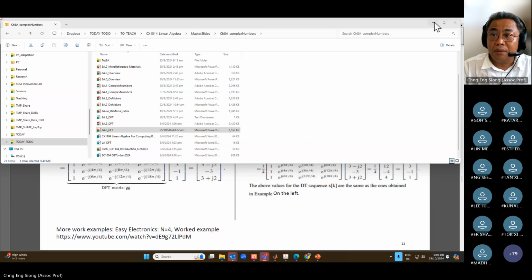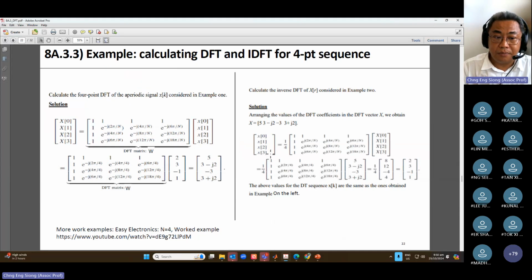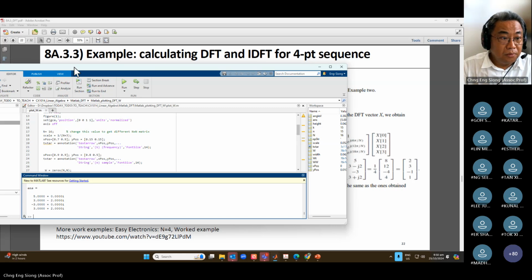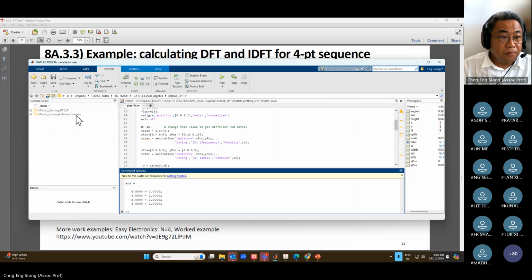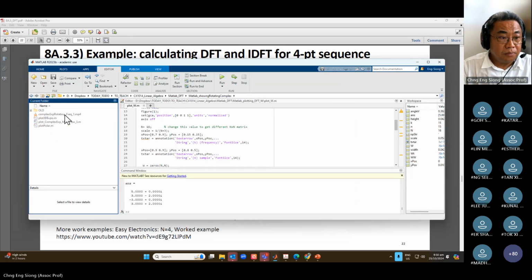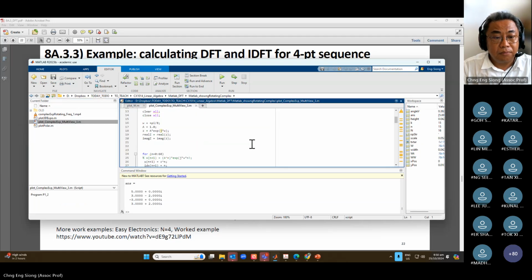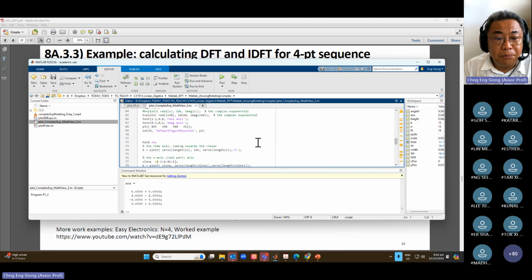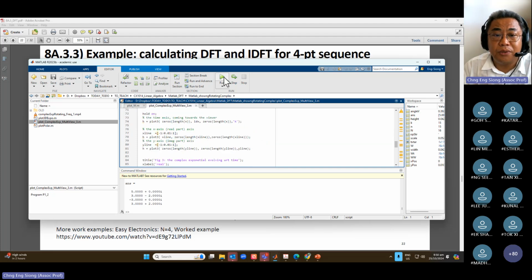Maybe I should show you some MATLAB. Now I want to show you what this looks like. I wrote code that is basically plotting a complex exponential rotating.